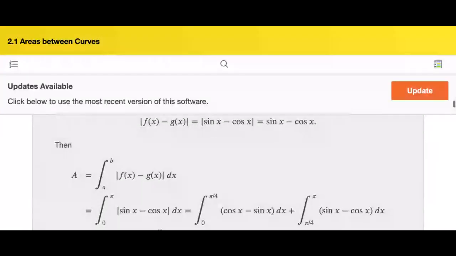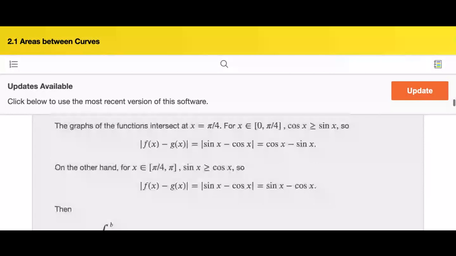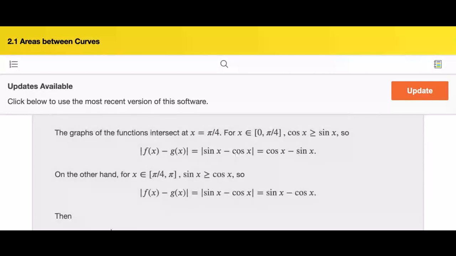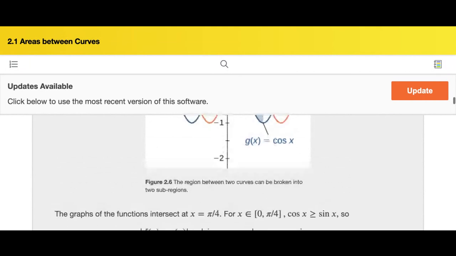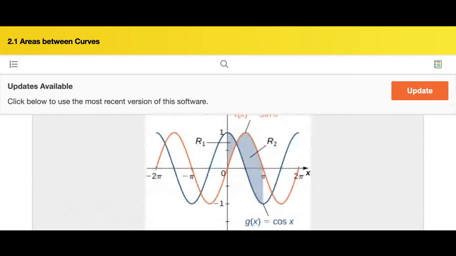Let's see. In the interval 0 to pi over 4, cosine x is greater than sine x. From 0 to pi over 4, we see cosine is above sine.